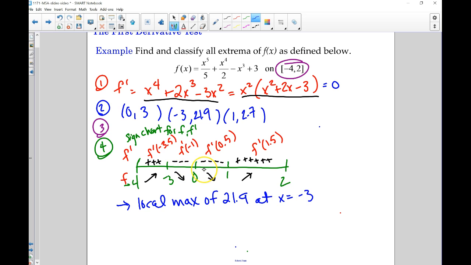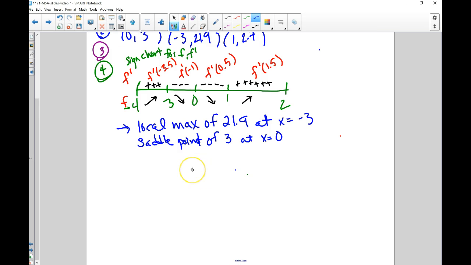At 0, it's decreasing and decreasing, so it's going to be a saddle point of 3 at x equals 0. And this last one at 1 is a local min of 2.7 at x equals 1.